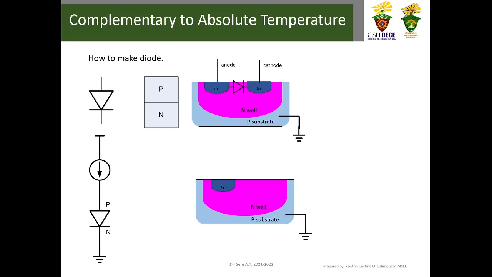In that connection, the PN current is the base current. So a small current flows here, the base current from P to N.